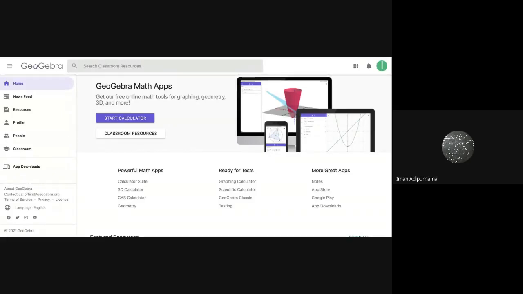Okay, so I hope you can see the GeoGebra interface. What I want to show you is some visuals for a quadratic surface. In this search box here, you can search any type of topic, mathematics, calculus, any topic in math and calculus you can find.